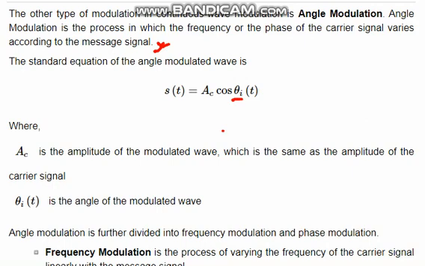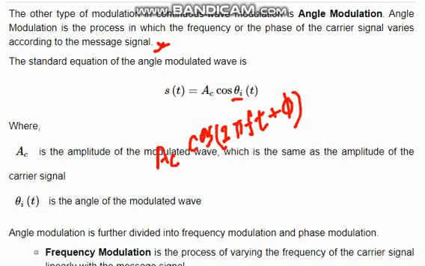As we know, cos 2πft, here we use ft plus phi, so that is the basic formula of the modulated wave, A c cos.